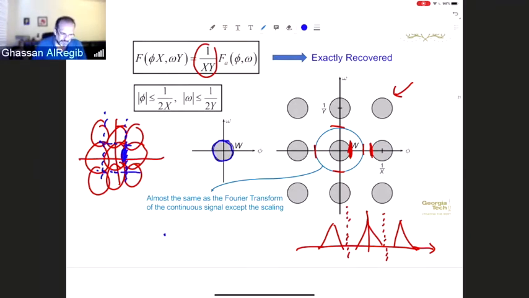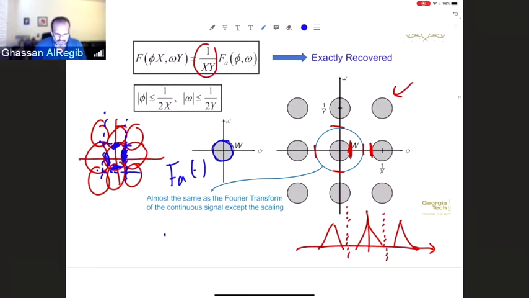I have some overlap between these repetitions of the disk. That will introduce some distortion to my signal here. This is distortion, distortion, distortion. I cannot recover our f sub a back. That basically means I have aliasing happening.